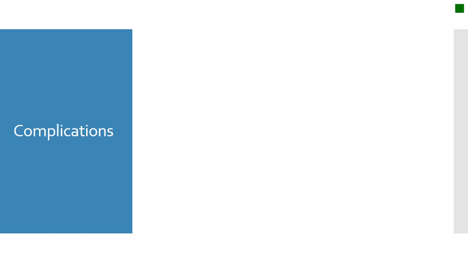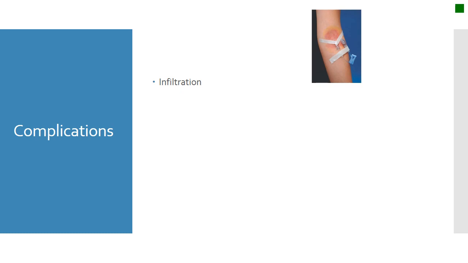Okay, next we come to complications of an IV therapy. First, we will talk about infiltration. Infiltration is typically seen as pallor, so paleness of the skin. There may be swelling at the site. It may be cool to touch, so there's a decreased skin temperature around that site, and the dressing may be damp.